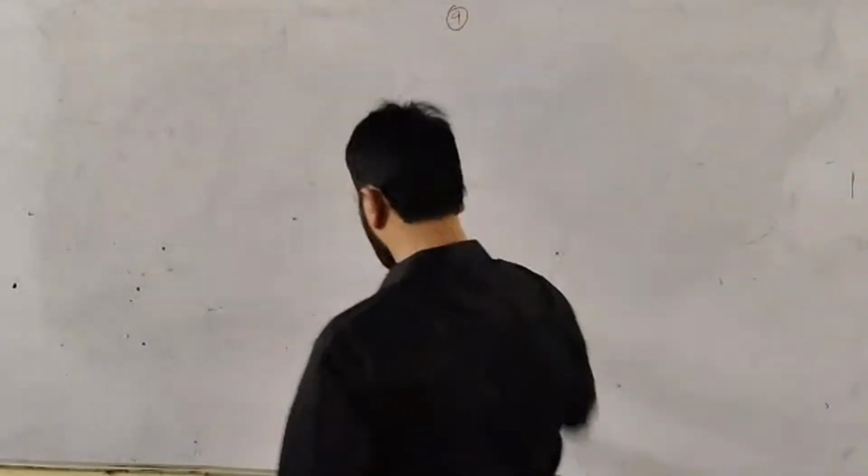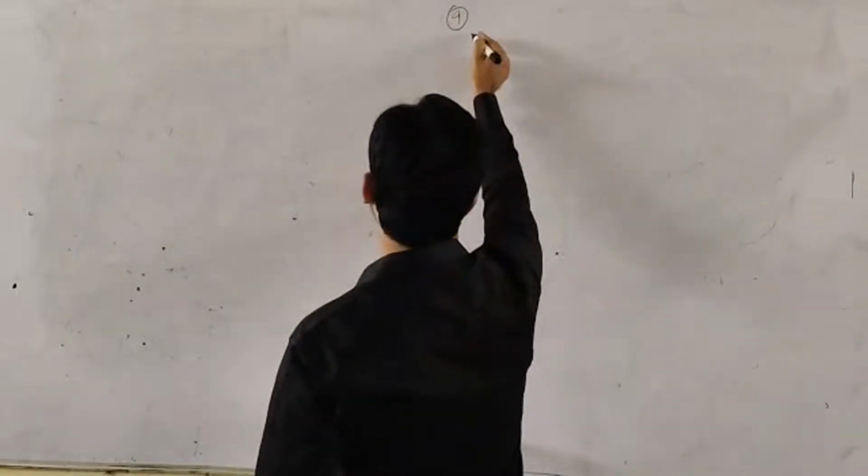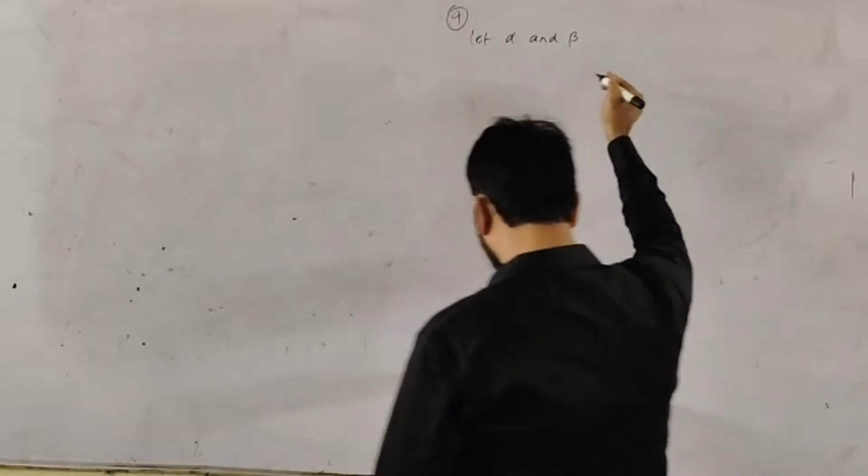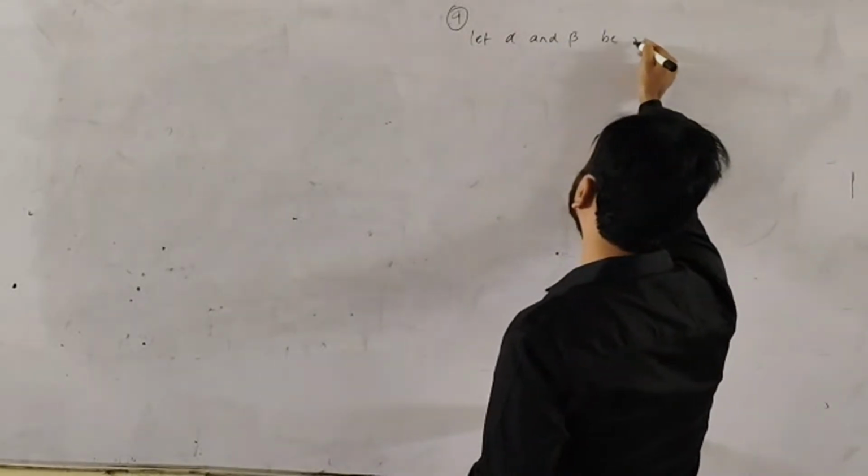Question number 9. Let alpha and beta be real numbers.